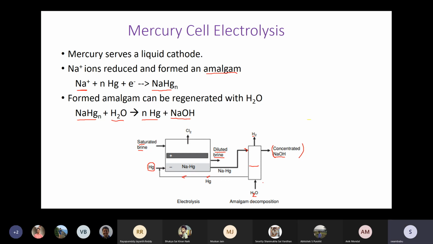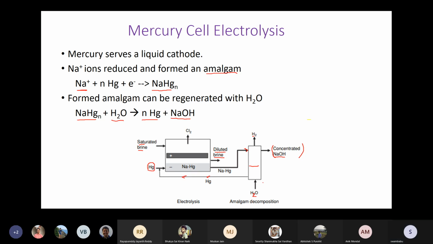Because of handling this very toxic mercury with water and processing conditions, only a very limited number of industries were built, because extremely tough protocols need to be followed.